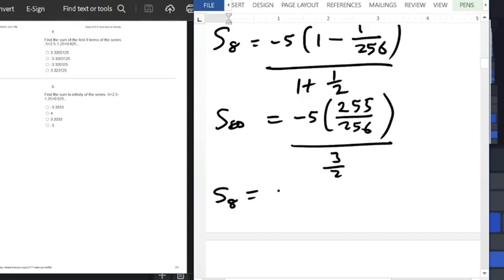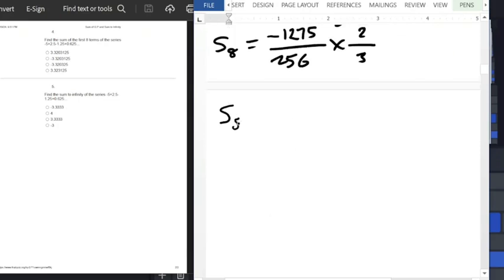So S8 equals 255 multiplied by 5, that is 1275. So we have minus 1275 all over 256, then multiply by 2 all over 3. So the sum of the first 8 terms is minus 1275 multiplied by 2, that is 2550, divided by 256 multiplied by 3, that is 768.